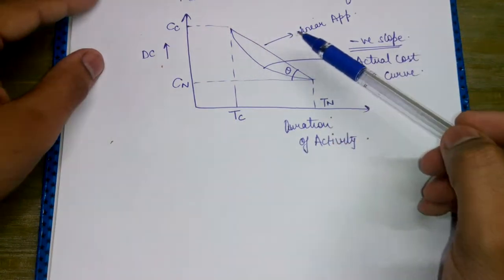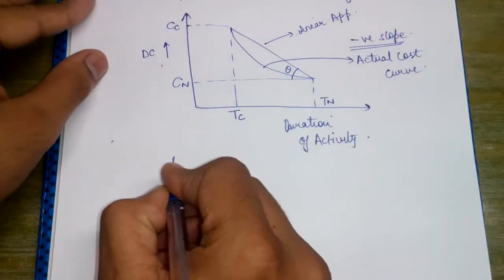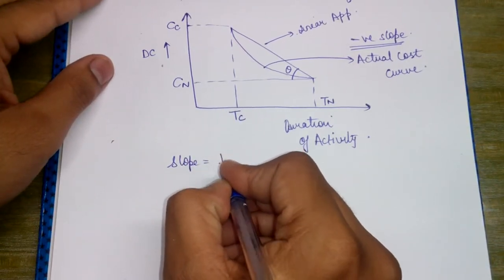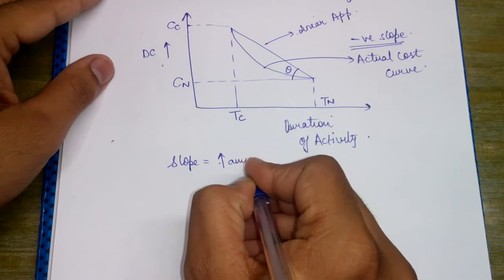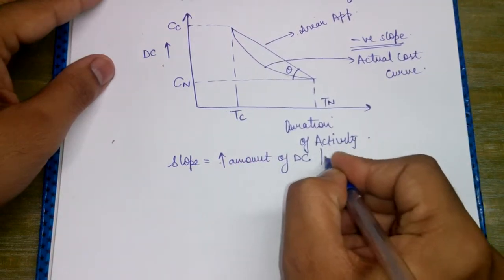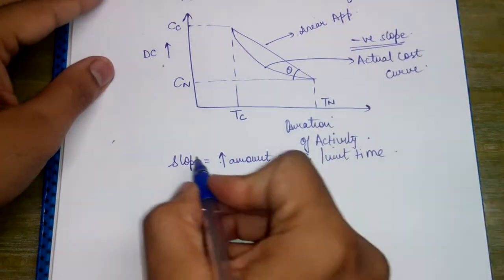The slope of this line gives the amount of increase in the direct cost per unit time for crashing an activity.